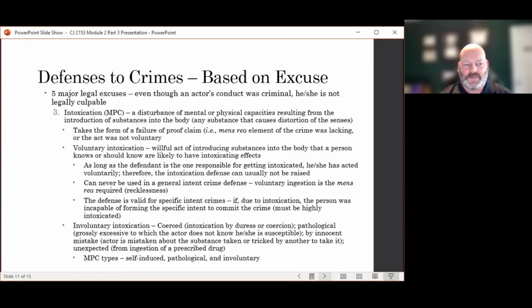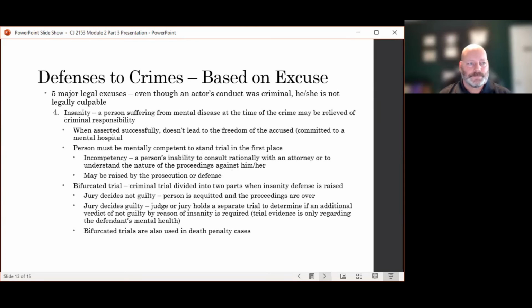The actor is mistaken about what the substance is or tricked by another to take it. And then there is unexpected involuntary intoxication from ingestion of prescribed drugs. The Model Penal Code identifies the types of intoxication as self-induced, pathological, and involuntary.